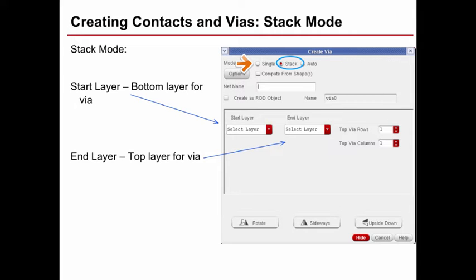You can say, if I have metal 1, I want to start at metal 1, and if I'm going to end at metal 4, you can say I'm ending at metal 4. And if you want the top rows and columns, you can assign that, and then you'll get a stacked via from metal 1 up through metal 4.